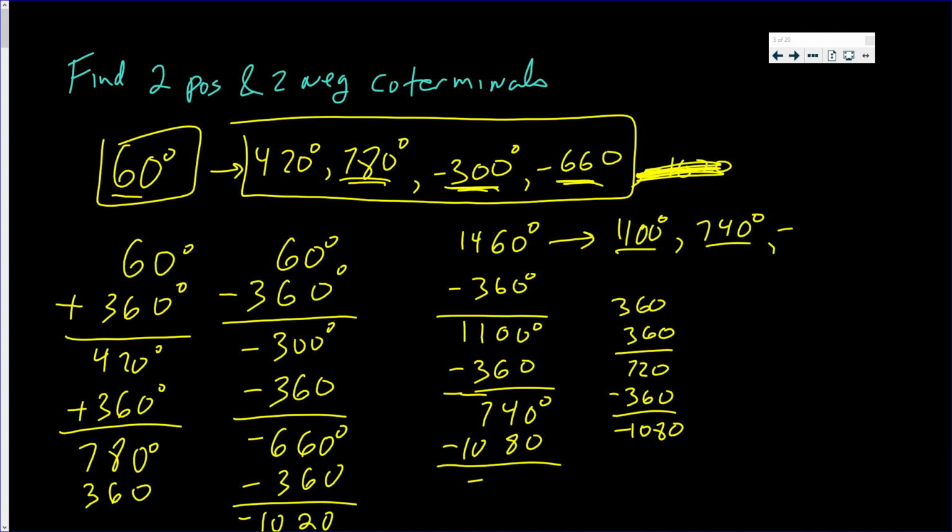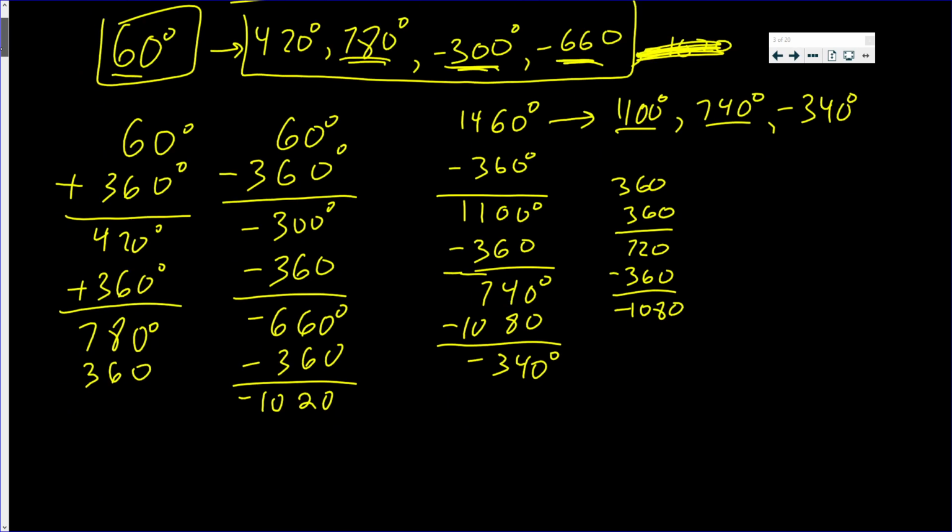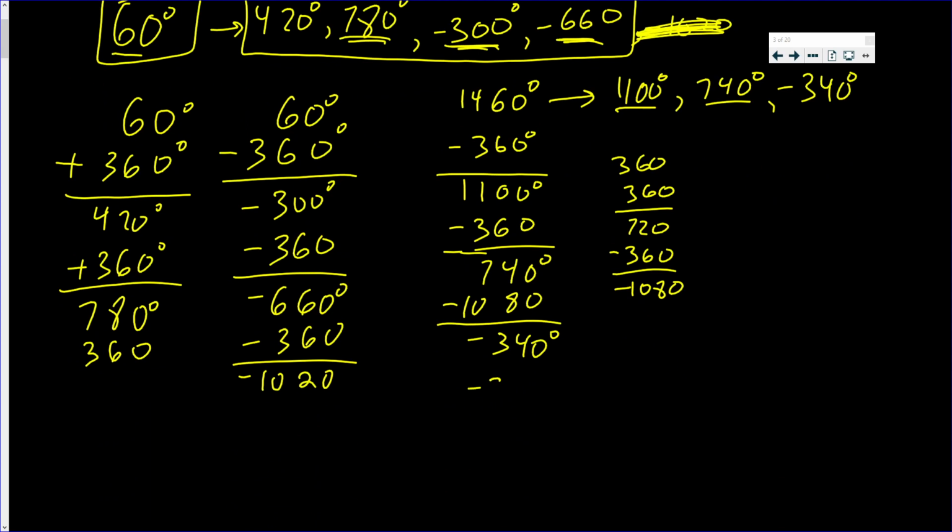If I'm doing my math right, I get negative 340 degrees. And then I take away another 360 and I get negative 700. So unless I made some silly arithmetic error, there are my four answers.